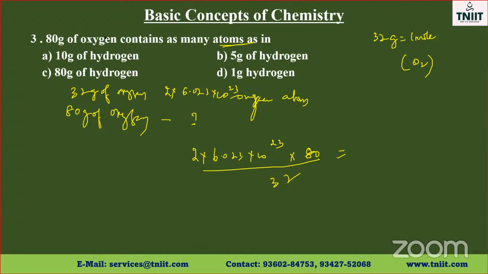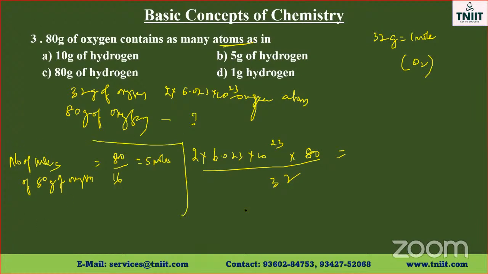Number of moles of 80 grams of oxygen: 80 divided by 16, the atomic mass, so we'll take 16. So 80 divided by 16 will be equal to 5 moles. So this is what is given. Now we'll calculate.